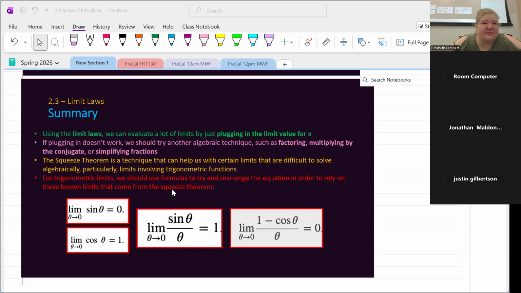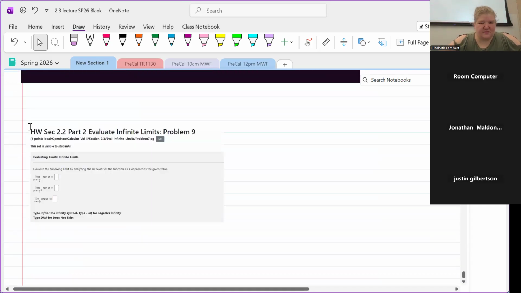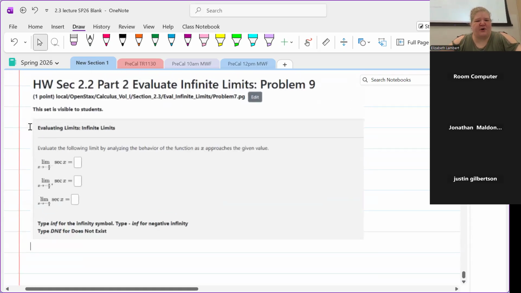Problems 9 and 10 on 2.2, part 2. Right, so here's what I got for problem 9.